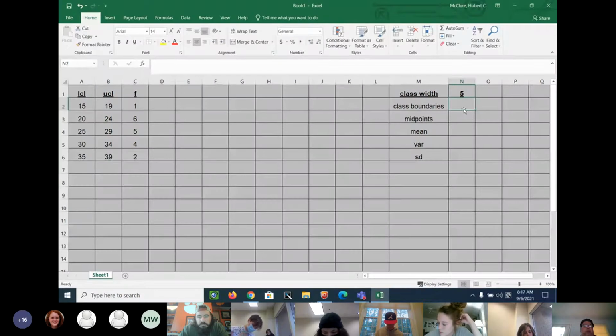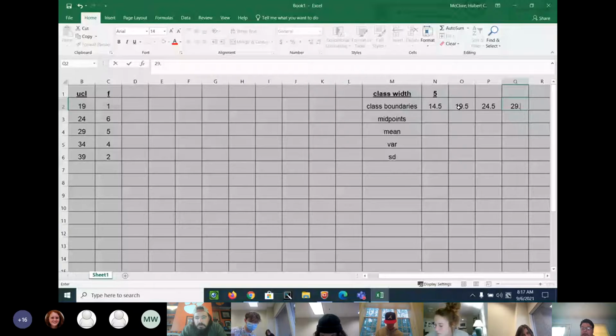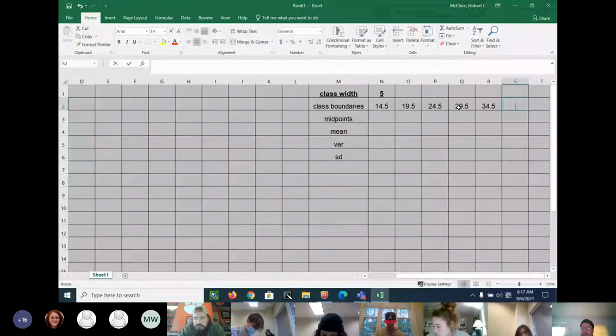Class boundary? Well, it's 14.5. And then I'm going to add 5, which is 19.5, 24.5, and so on, 29.5, 34.5, and 39.5.